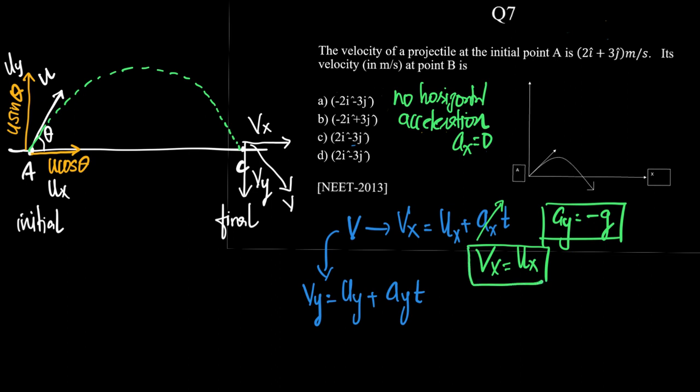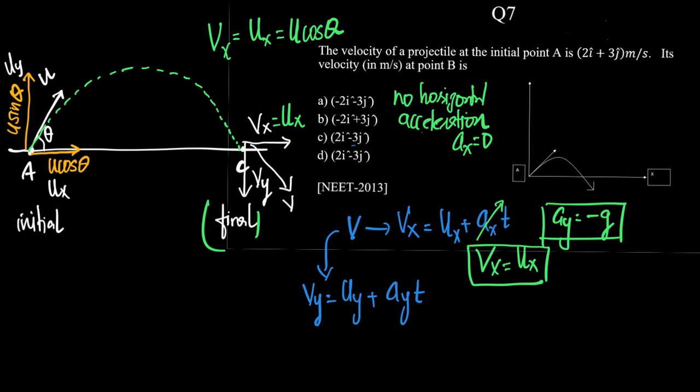So when we say vx is equal to ux, in the final position, what is the vx here? vx here would be equal to ux. Therefore we can say that vx, that is the x component of final velocity, is equal to ux, which is the x component of initial velocity, which is equal to u cos theta, right?